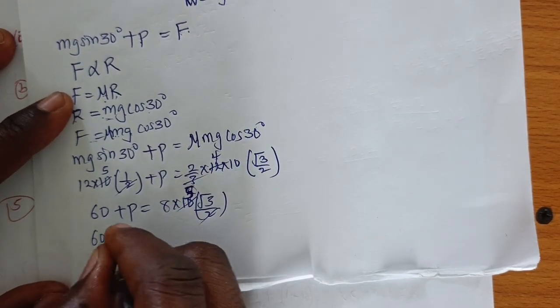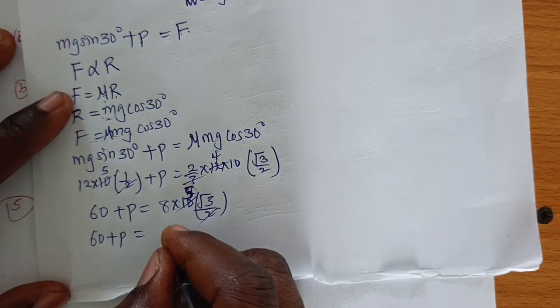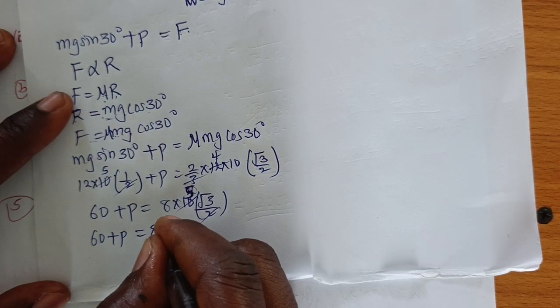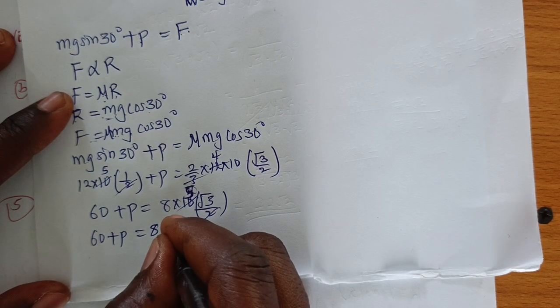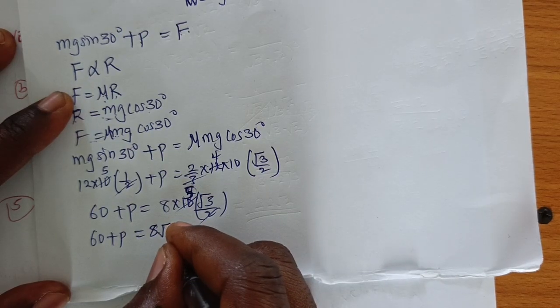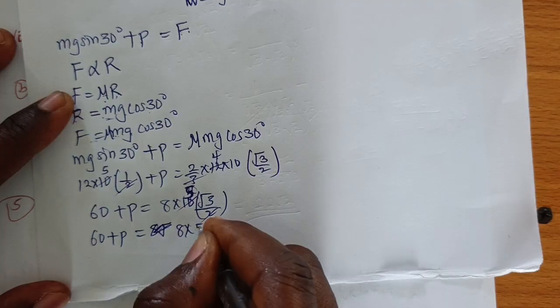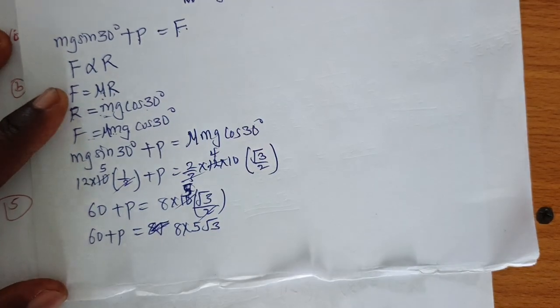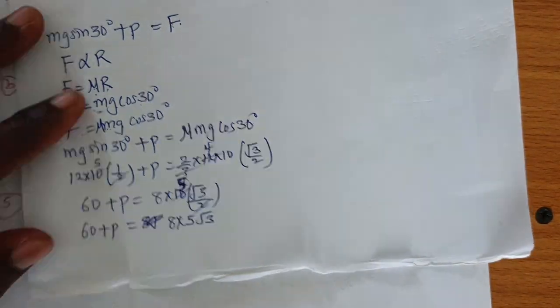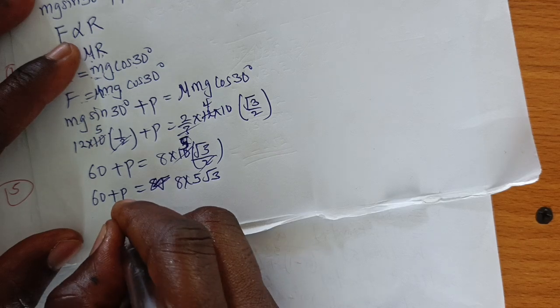We have 60 plus P equals 40 root 3. So we want to solve for P now.